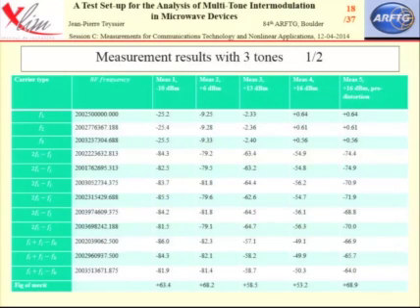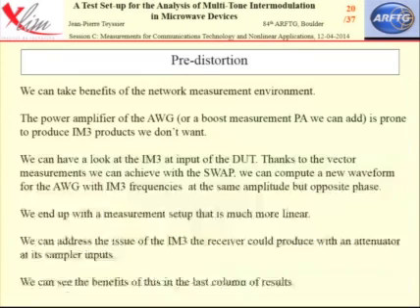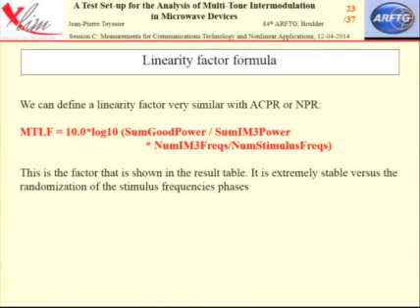And what we end up with is this figure of merit of the amplifier, measured for a given power level. We need to carry out some more work about that, but it turns out the behavior is extremely, and I hope we'll end up saying it's exactly the same, but I cannot say today, the same as ACPR or NPR. This factor is shown in the result, and it's extremely stable.